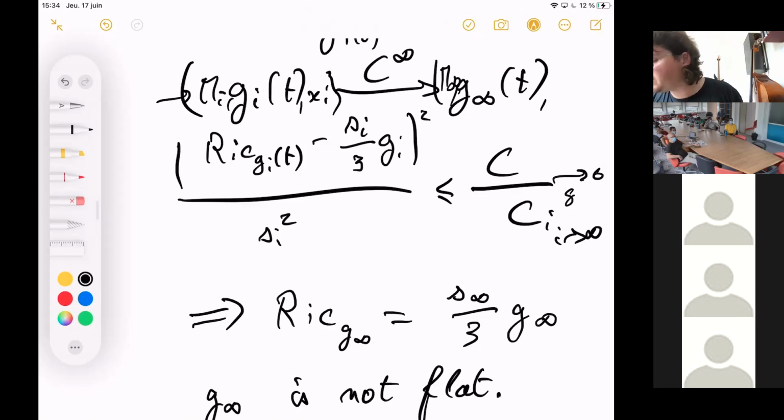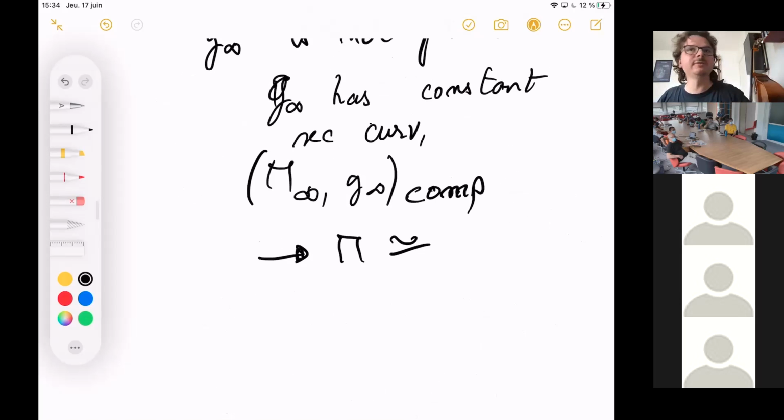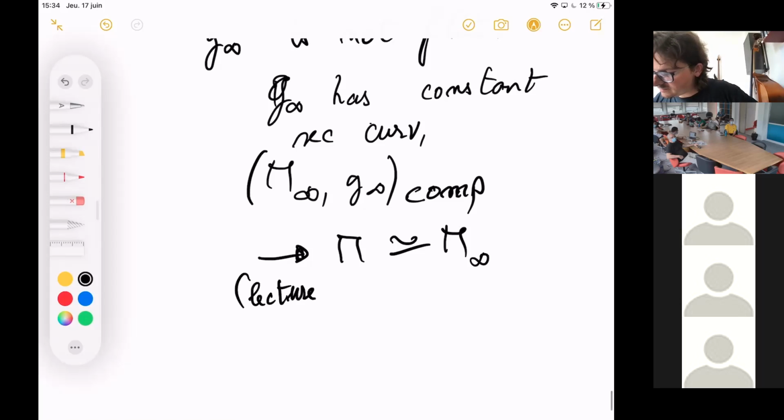Maybe the topology could have changed, but since the limit is compact, as we explained a little bit, or I gave that as an exercise, I guess, that tells you that for i big enough, the manifold is diffeomorphic to the limit, but we have only one manifold. So see lecture 1.